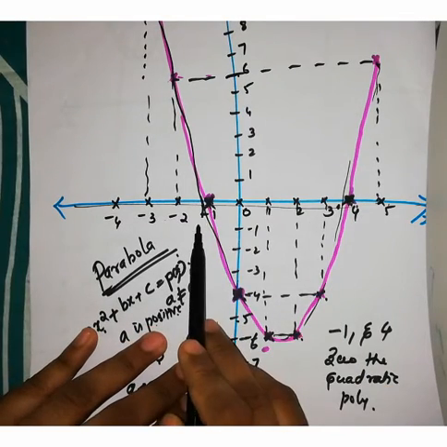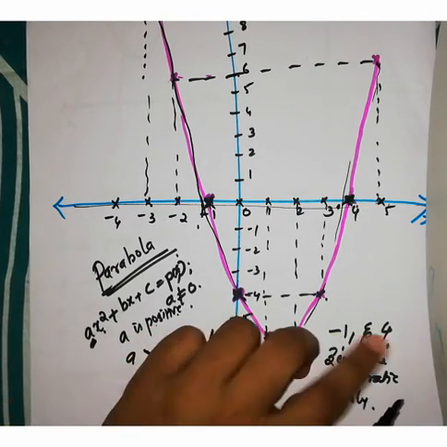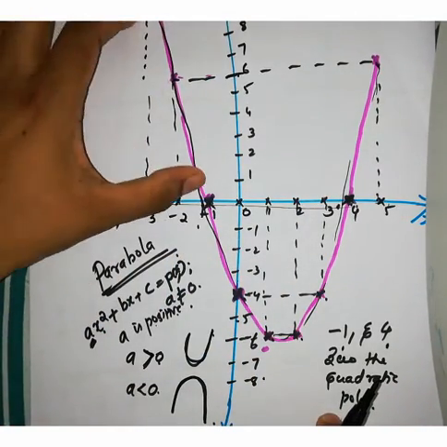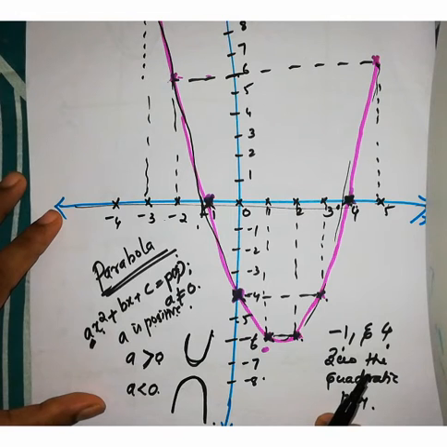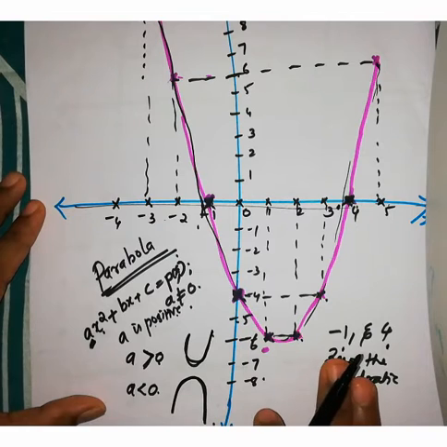The zeros are minus 1 and 4. At these points the parabola touches the x-axis, so the polynomial value becomes equal to 0. Those values are known as the zeros of that polynomial. Is it clear?